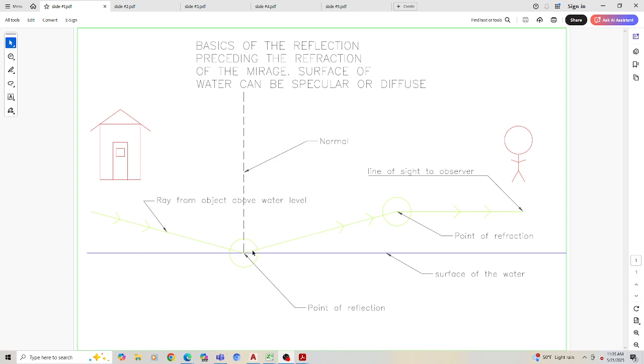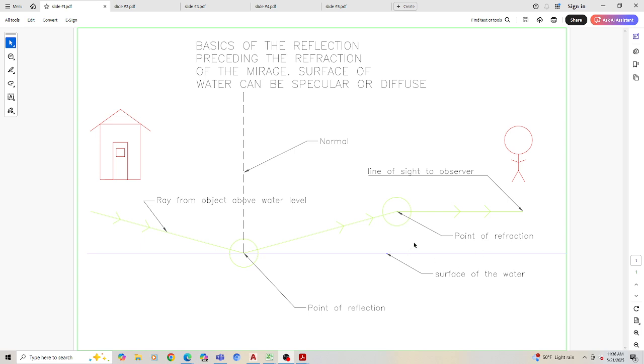Now once that ray starts entering the air above the surface or going through the change between the surface and a certain height, it can hit a point where it refracts.